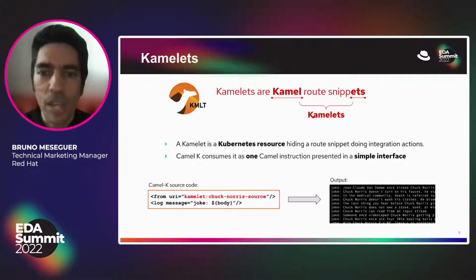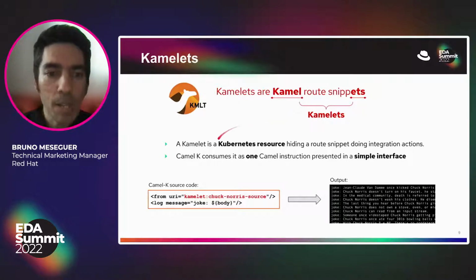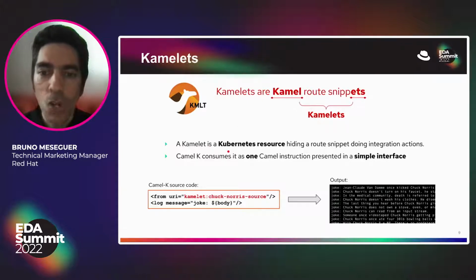So that's what gives the name to Camelets. Camel routes are basically process definitions. So Camelets are Kubernetes resources that are hiding the logic underneath of Camel to do some integration action. So it's really encapsulating a bit of code. And we can consume these Camelets as one Camel instruction presented in a very simple interface.